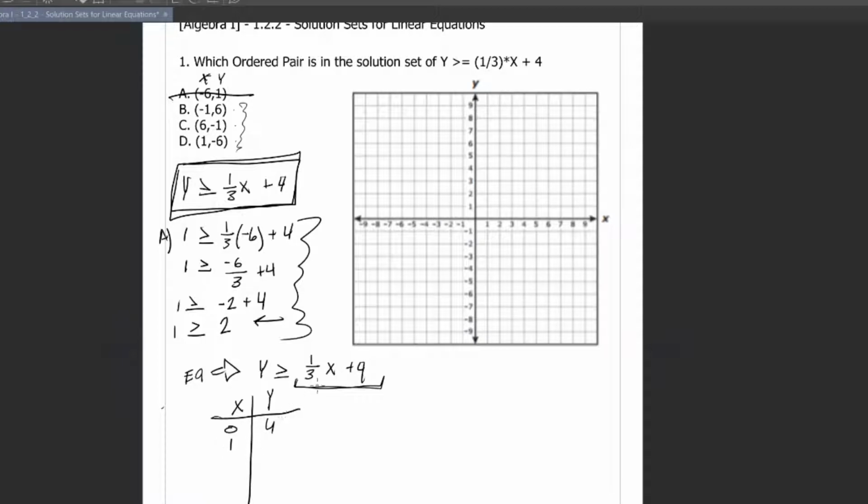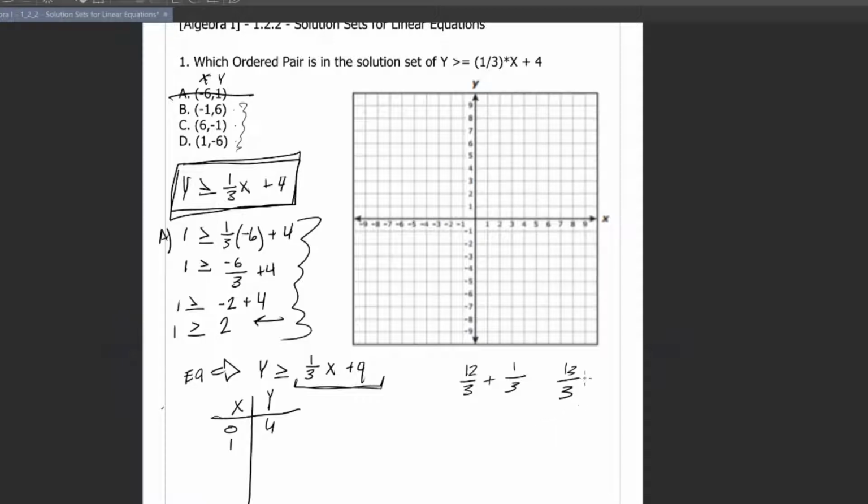If x equals 1, it's 1/3 plus 4. And 4 is the same thing as 12/3, plus 1/3, which gives us 13/3.